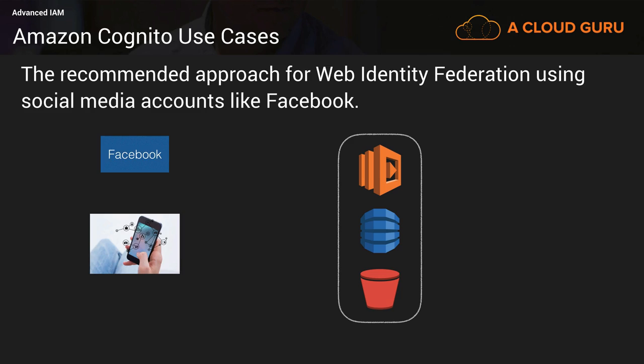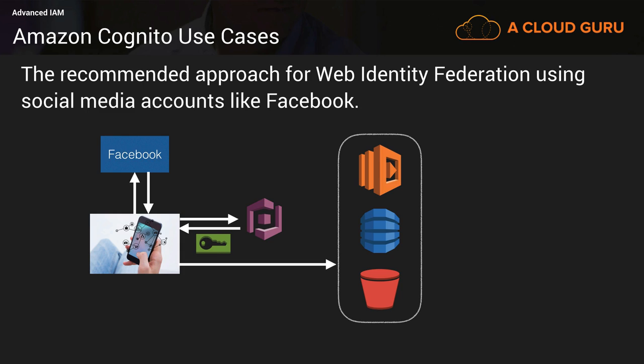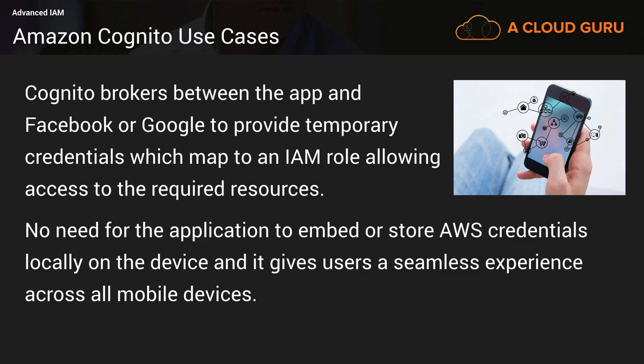First of all, they'll need to log into Facebook, and after successfully logging in, Facebook will give them a web token, and Cognito will take the web token and exchange it for temporary AWS credentials. It's these temporary credentials which allow them the access that they need to see the contents of your S3 bucket and also to request and update data in the database. So Cognito brokers between the application and Facebook or Google to provide these temporary credentials.